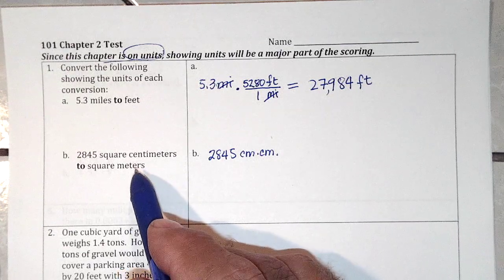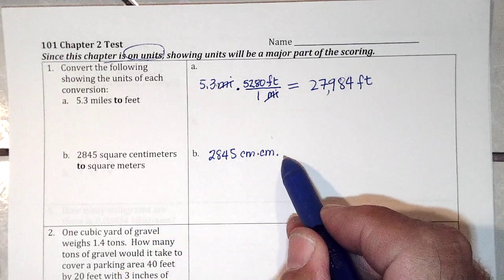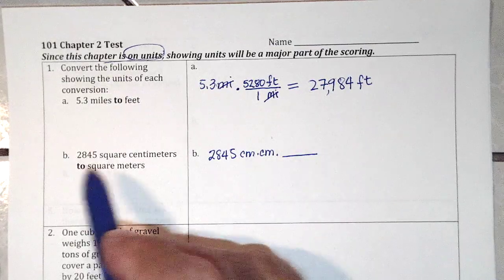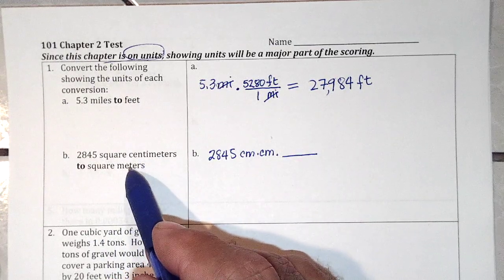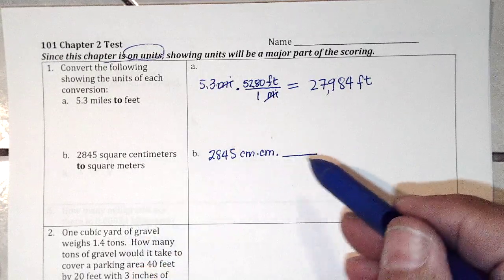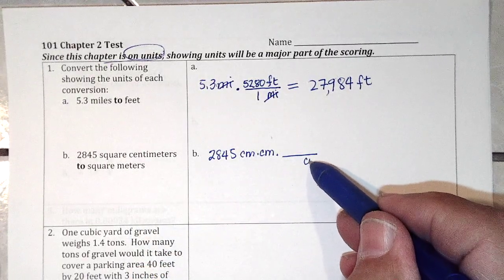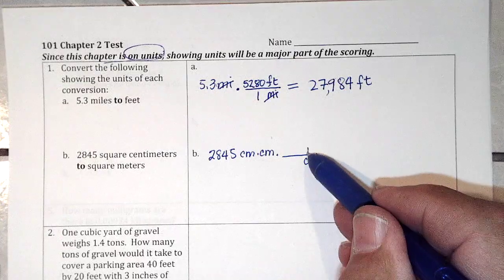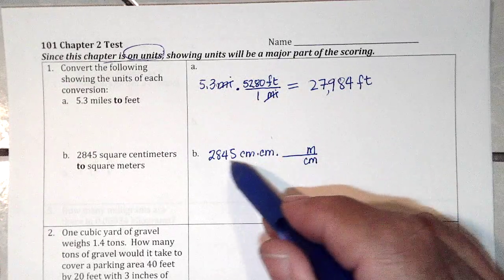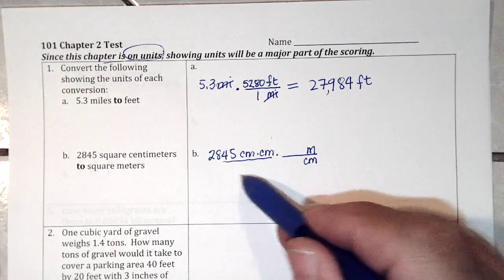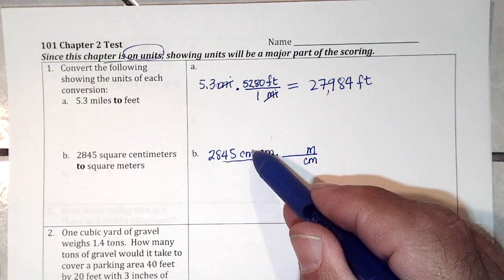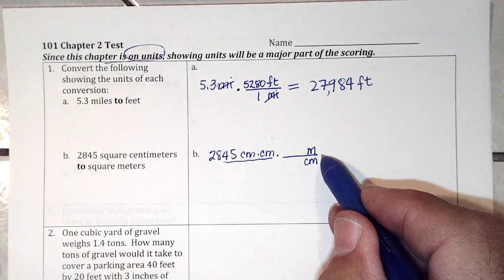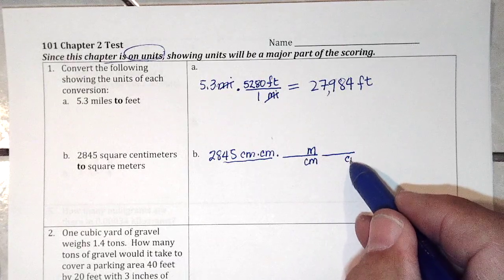So that's meters times meters. So we need to use the relationship between centimeters and meters. And we want the centimeters to cancel and end up with meters. So if this is in the numerator, nothing underneath it, we want centimeters in the denominator to cancel the numerator. And we're going to have to do it twice.